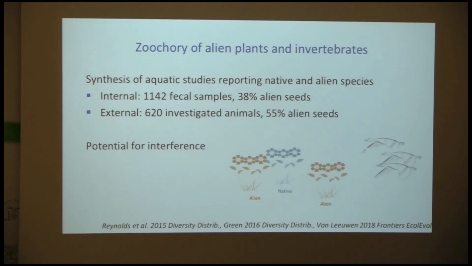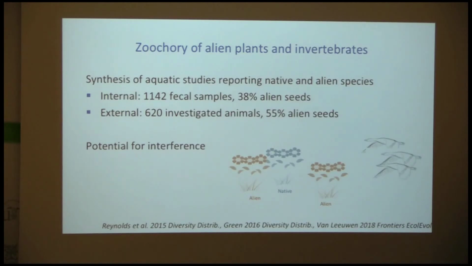And more than half of the seeds transported on the outside were alien. So there's a strong bias in these publications, because they reported the alien and native status of the species that were dispersed. But it does illustrate that there may be some effect of alien species on dispersal by waterbirds.